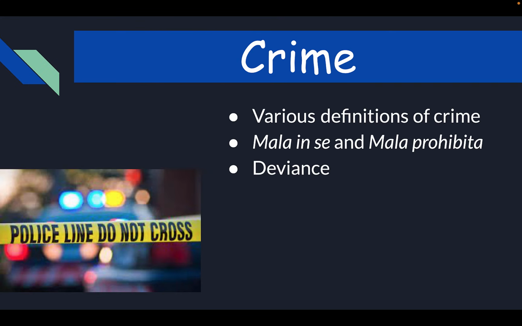You can also define it sometimes as what they call mala in se, or that an act is inherently or essentially evil, right? So the kind of immorality that can be connected to some forms of crime. That's more about it being just a bad thing or somehow like an evil person. Sometimes we'll talk about this in regards to people like serial killers, right?